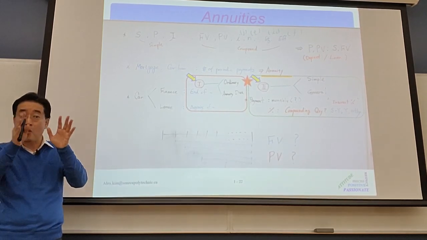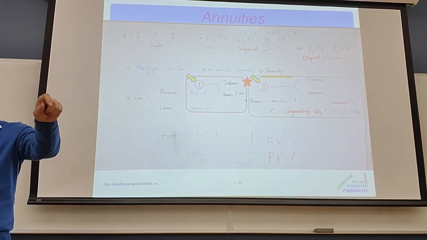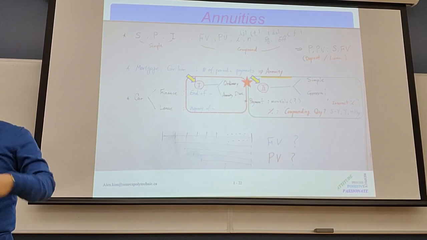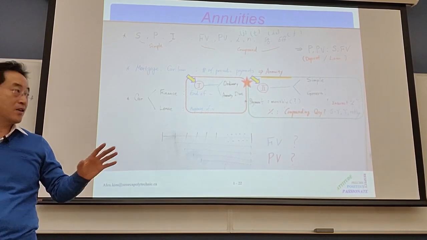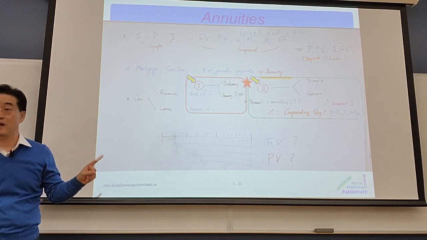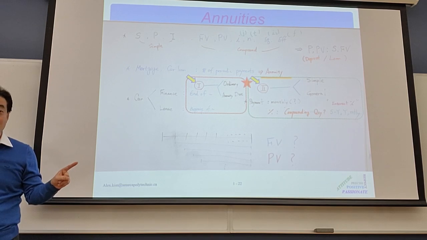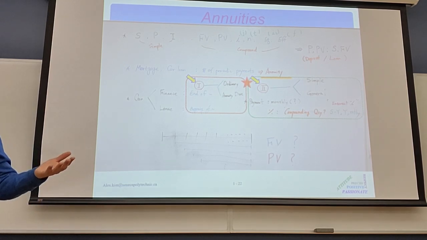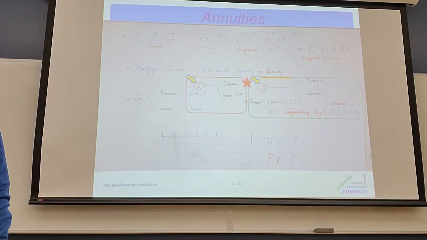So we need to determine what type of annuity first, then find out formula which is related, then calculate annuity. So classification of annuity, that's the first challenge. Start with what? Start when we determine what type of annuity, start with what? Timeline.